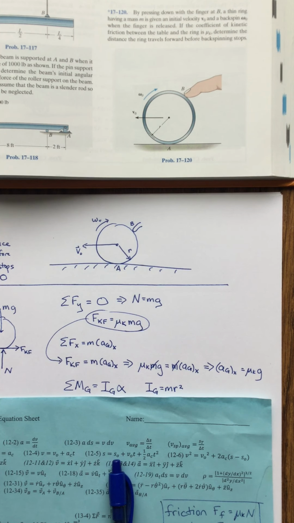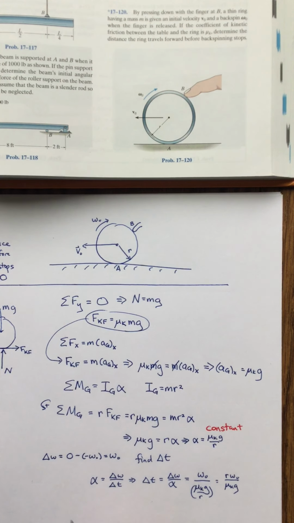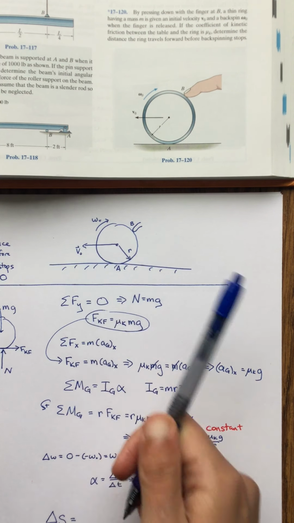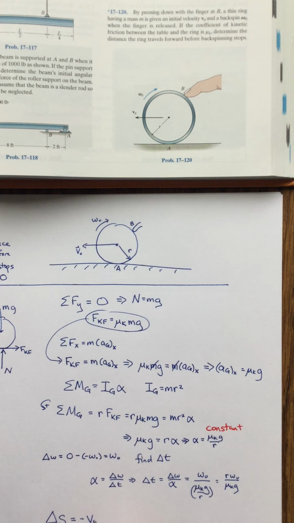Let's say s naught is equal to 0, so I have s, or we can say delta s for the distance traveled, is equal to v naught, but that's acting to the left, so that's minus v naught times, well, let's rewrite our equation first, delta t plus 1/2 times the acceleration of the mass center in the x direction times delta t squared.